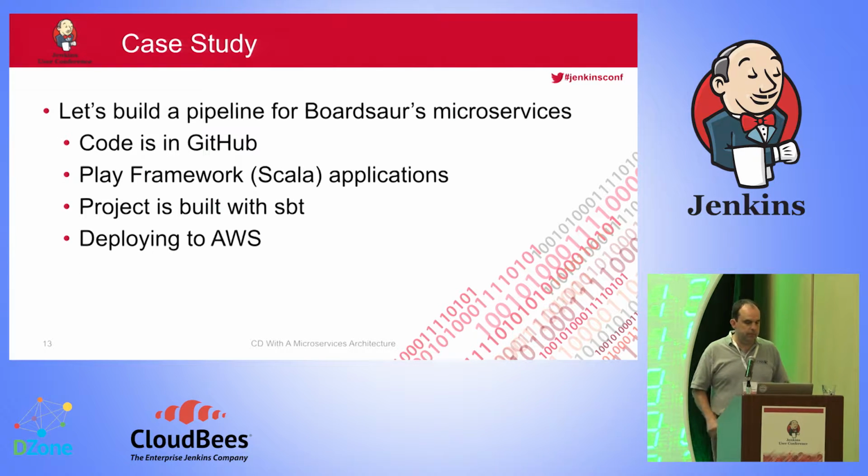This company's microservices code is in GitHub. The code is actually a Play framework application written in Scala, built with SBT. If you're not familiar with the Scala world, SBT is roughly equivalent to Maven in the Java world. And then we deploy this to AWS.